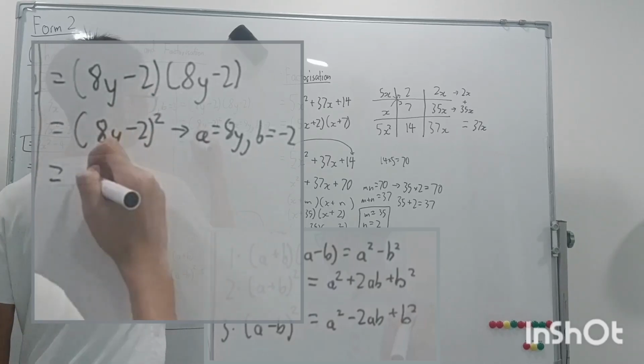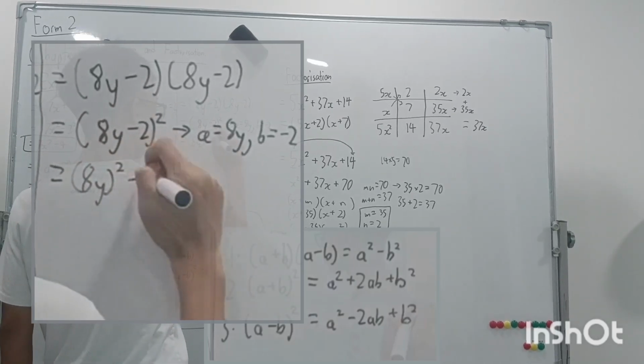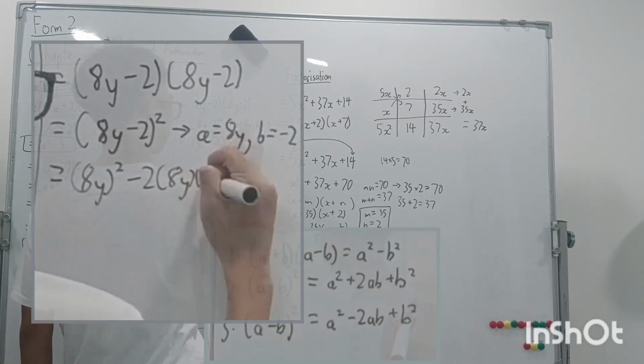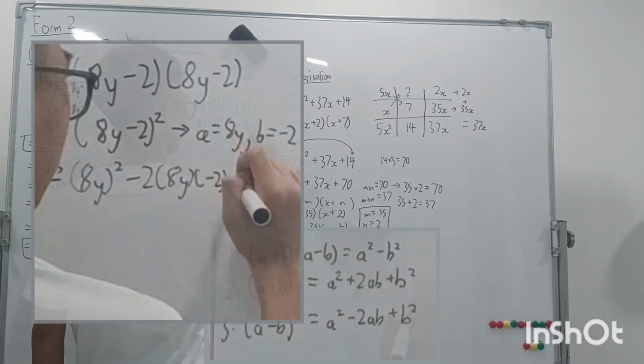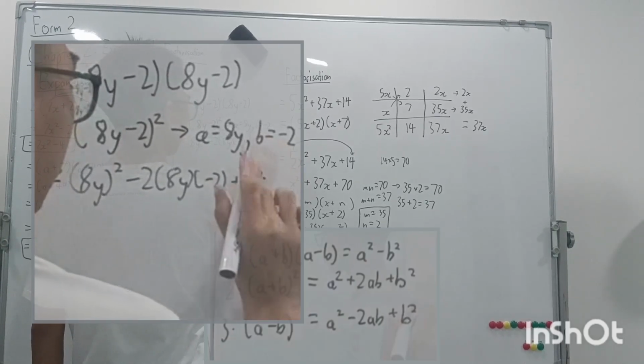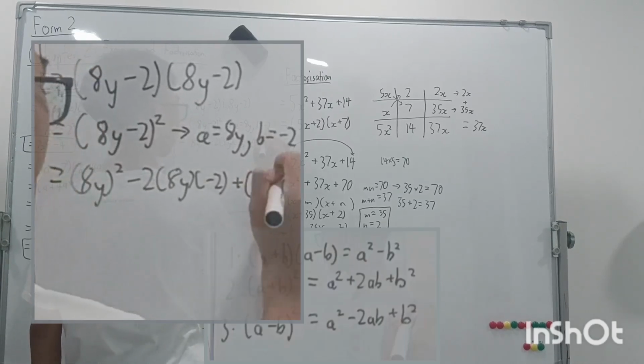So just plug it in: a squared minus 2ab plus b squared, and b squared is negative 2 squared.